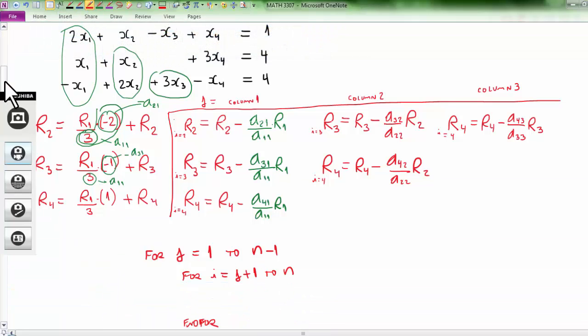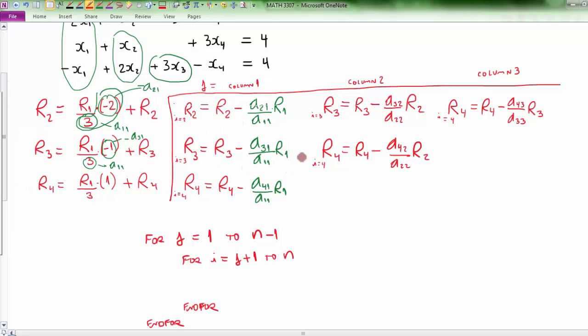So here it is. Look at the format of these formulas. They are all the same. You can see this is row 2, 3, 4, that's row i. It'll be row i minus the coefficient. Notice the first number here, 2, 3, 4, that's the variable i.